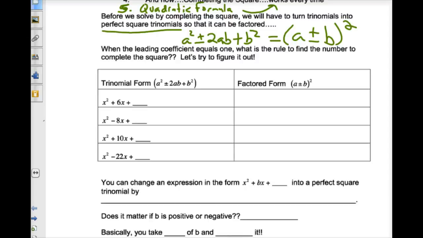Don't blurt this out if you know it. First piece. Start thinking. If a squared is x squared, what is a? Don't blurt it out. Okay. If a squared is x squared, somebody raise your hand and tell me what a is. It's an easy question. Sophia? Square root of x.